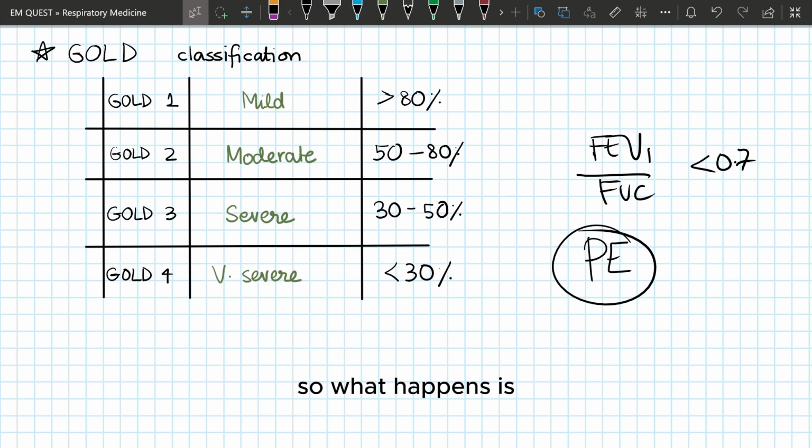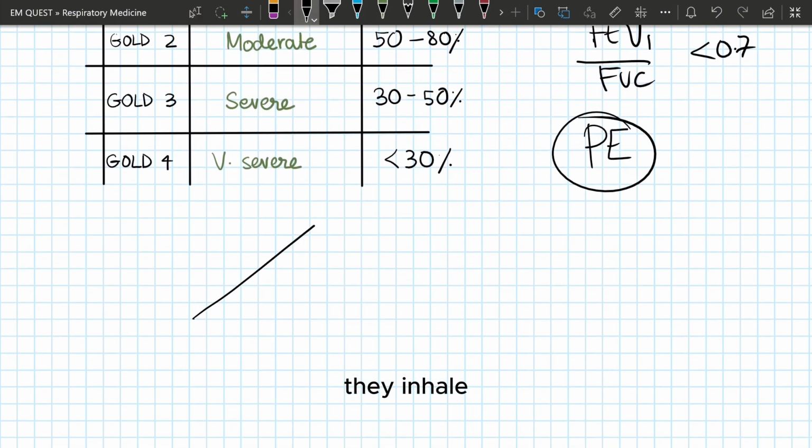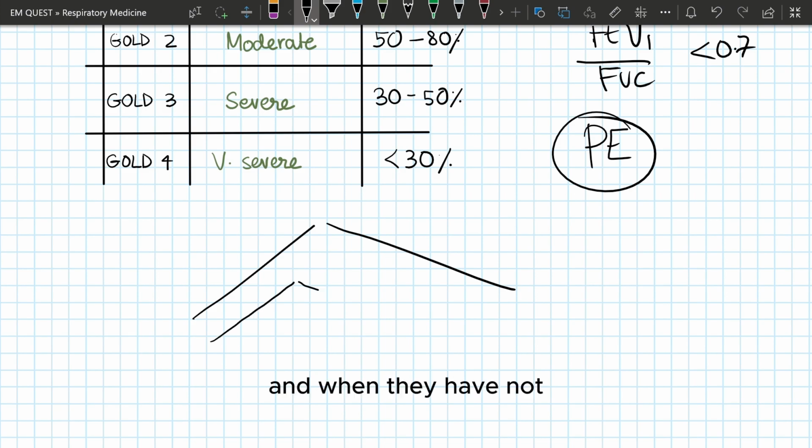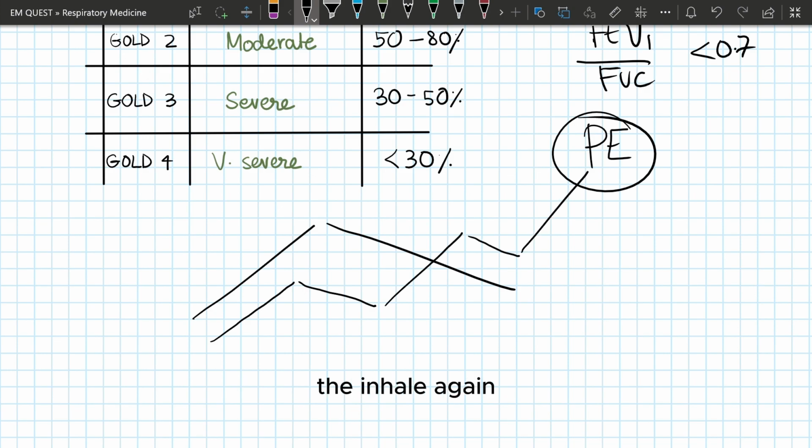So what happens is, imagine somebody, they inhale and then they exhale. In COPD patients, they inhale, and when they have not completed their exhalation process, they inhale again. Then as they are about to exhale, they inhale again.